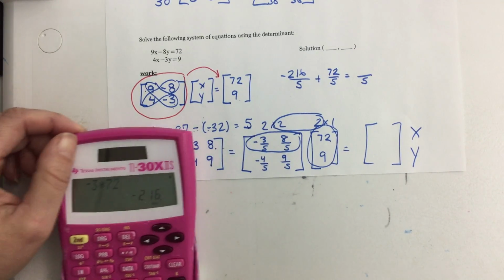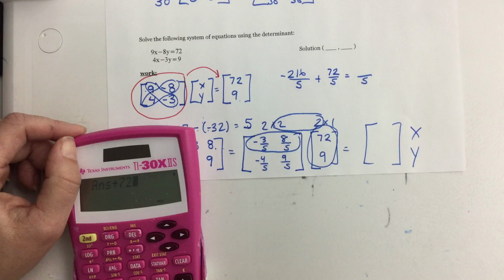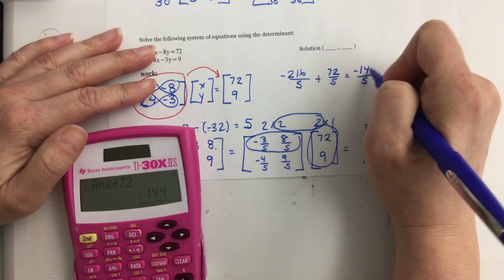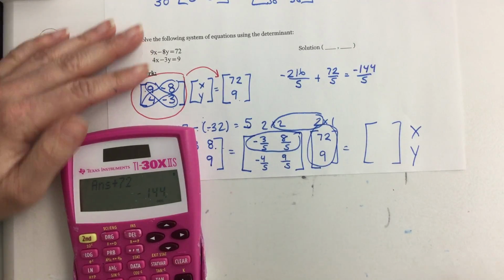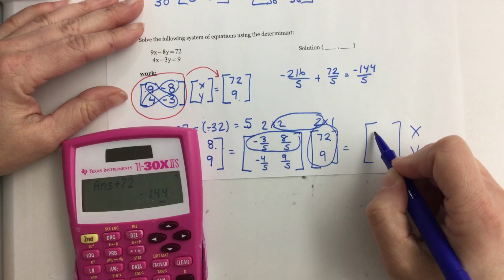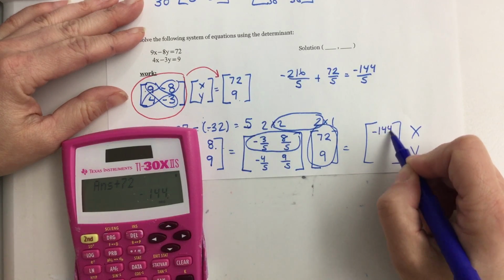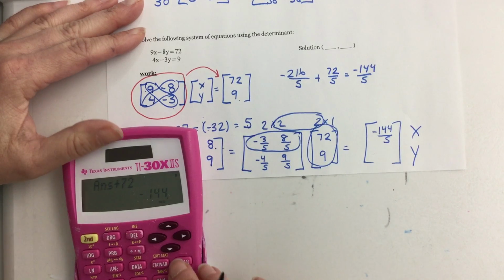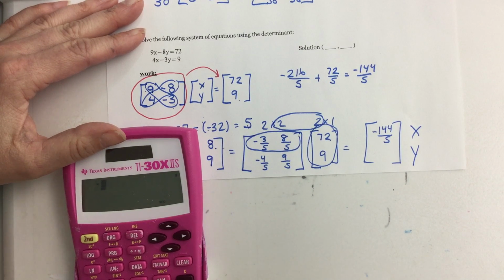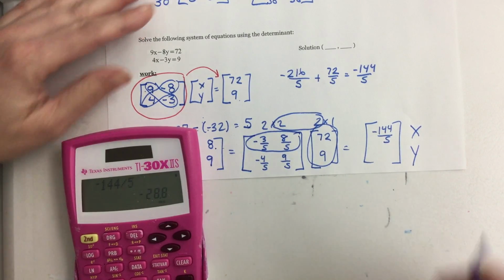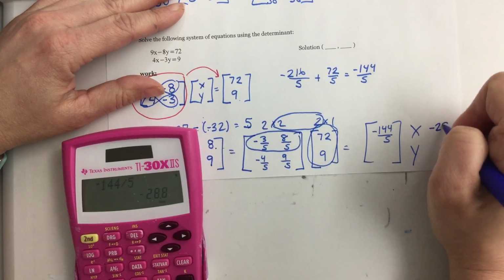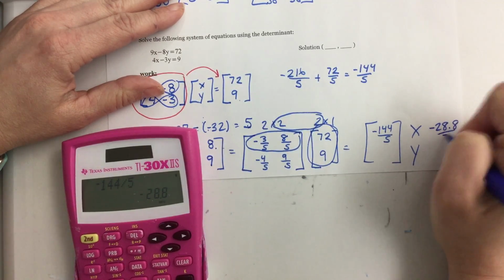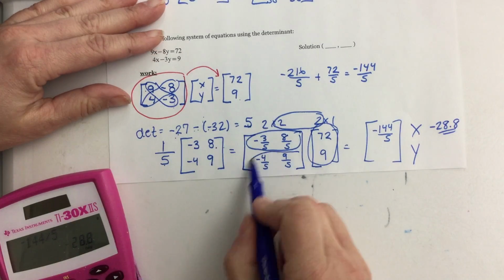If I take -216 and I add 72, I get -144. So I have -144 over 5. Or if I want to write it as a decimal, -144 divided by 5, it is -28.8.